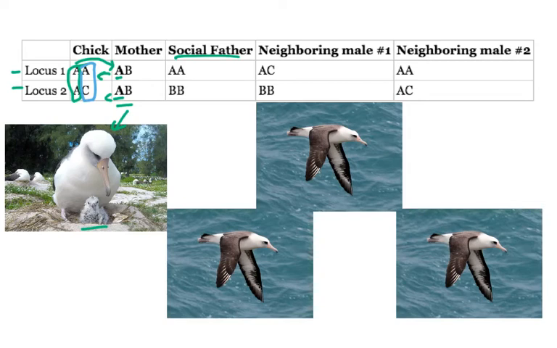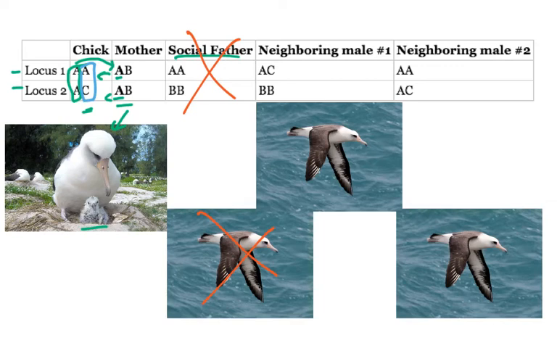If we consider the remaining genotypes that we're trying to fill in here for the chick, those don't match. So the father had to have passed on the A allele at locus 1 and the B allele at locus 2. The chick does not have a B allele at locus 2, so we can then rule out this social father.